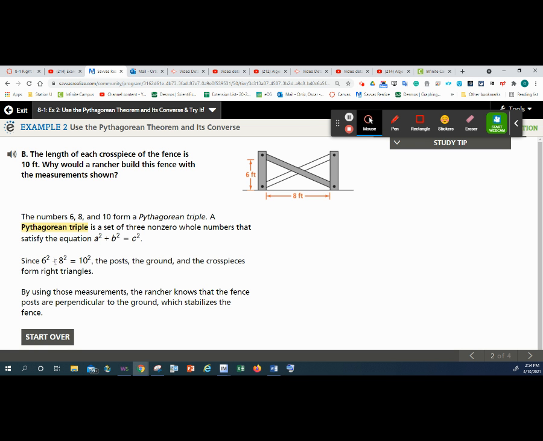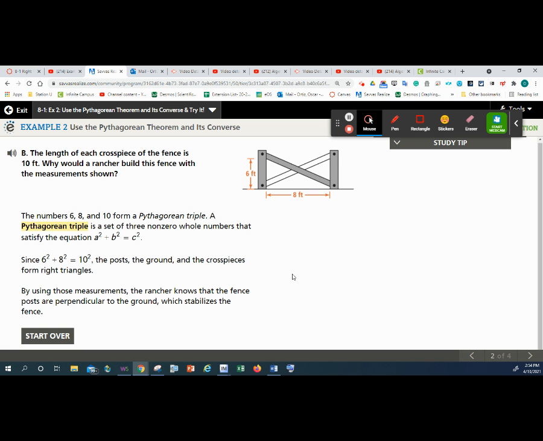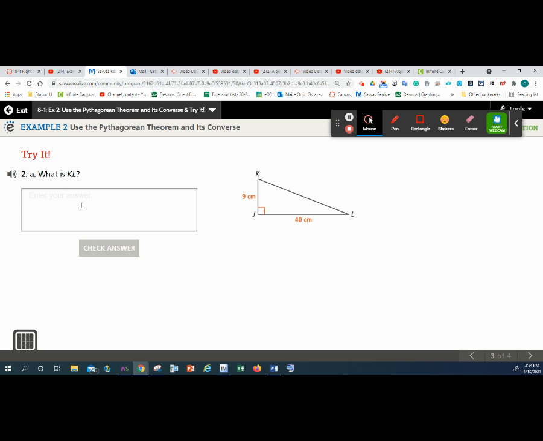So that is a Pythagorean triple, and that is making sure that this vertical post is actually vertical to the ground. So it makes a 90-degree angle, and that makes it stable. So with those two ideas, let's see if we can answer this one first.